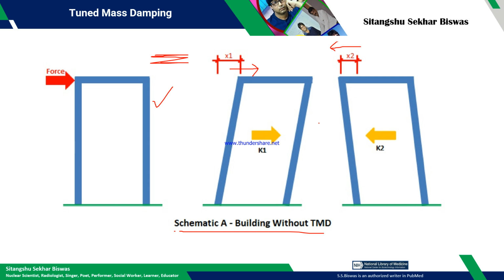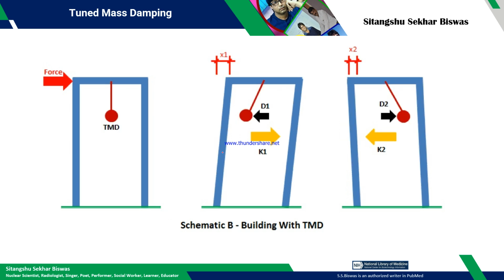and be maintained within the tolerable limit. So for this, what is introduced is simply a mass here. This will work as a pendulum. A very simple concept. When, due to the seismic force or wind force, the structure tries to move in this direction, the pendulum will try to move in the opposite direction, and that energy will be dissipated here.